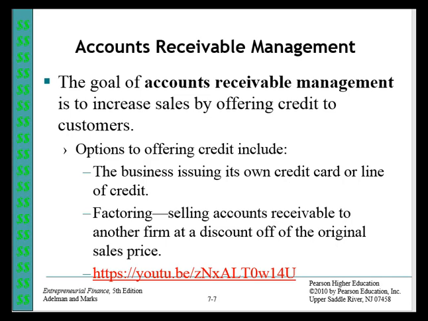Factoring is a process where we could actually sell our accounts receivable to another company. So we would say, hey, look, I have $100,000 worth of accounts receivable. I would like to sell those accounts receivable to you, and I'll sell them to you if you give me 90,000, I'll give you the right to receive 100,000.